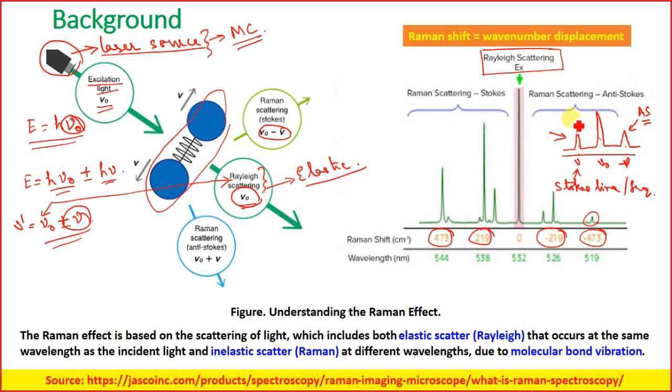So in Raman scattering, we are basically interested in understanding these two lines, the Stokes line and the anti-Stokes line. Either of the two can be analyzed.